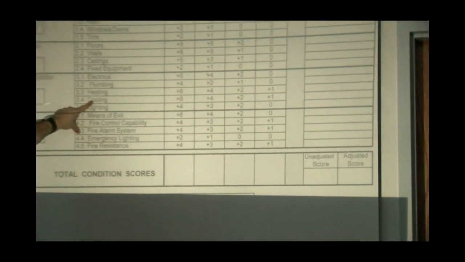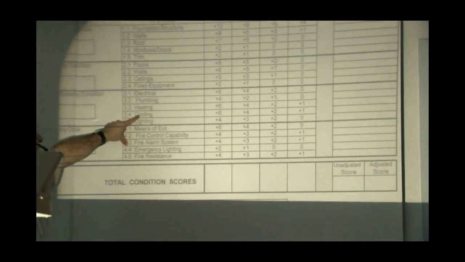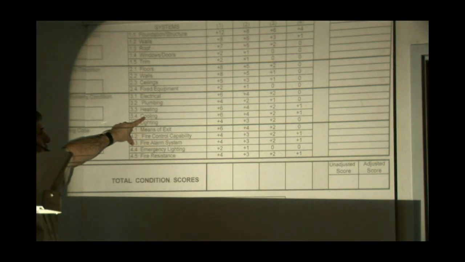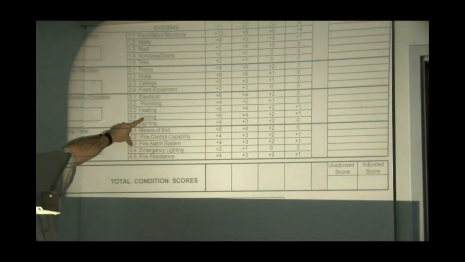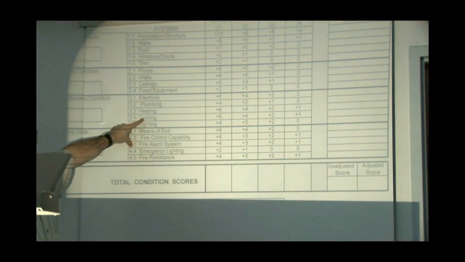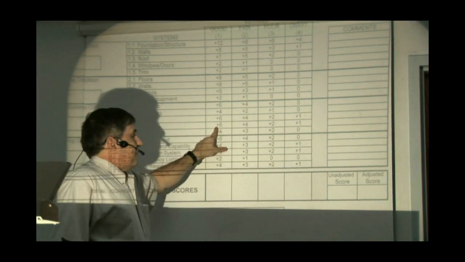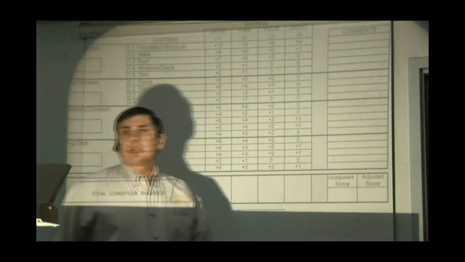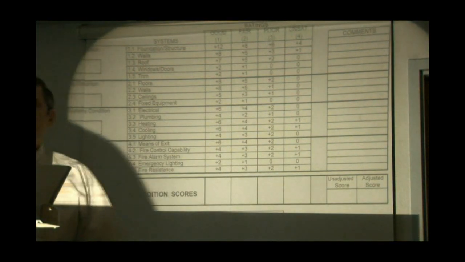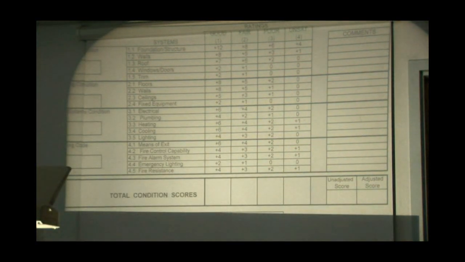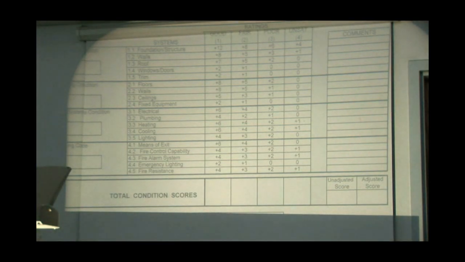I mentioned to you that in the state of Florida, cooling is required. Well, you ask your school superintendent when you go in, is air conditioning required? If he tells you no, then you gave them a 1. You add back in 5 points and put it back into the adjusted score, giving back some points because you don't want to have to upgrade air conditioning everywhere that isn't needed. That's the difference on unadjusted scores.